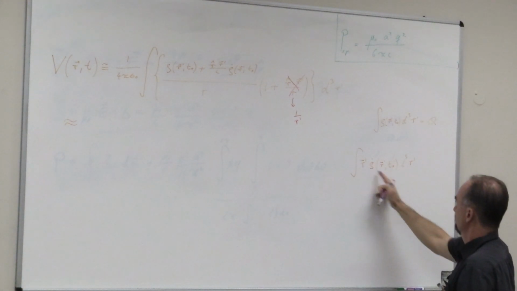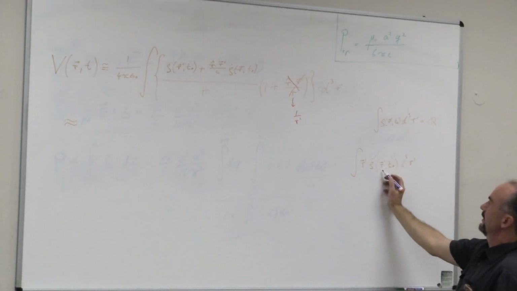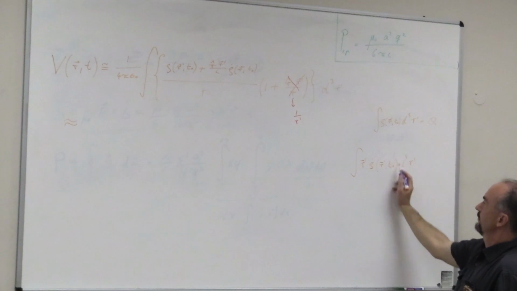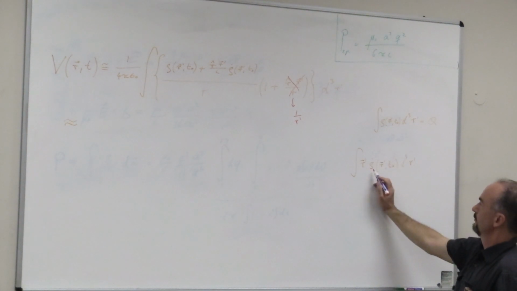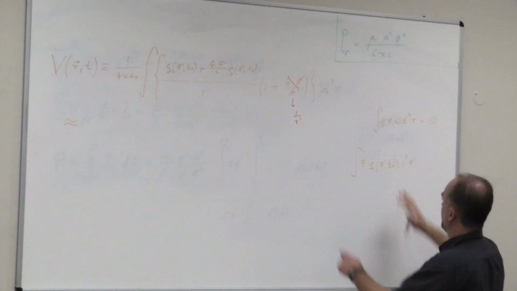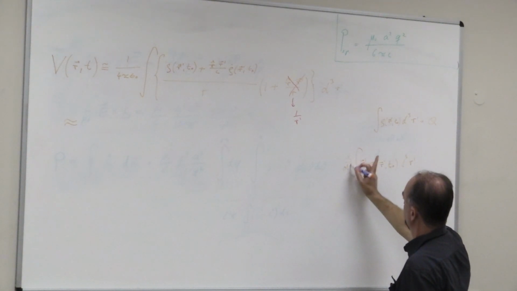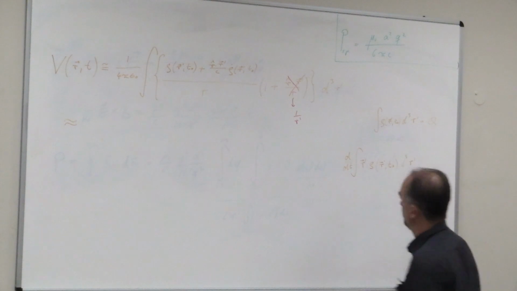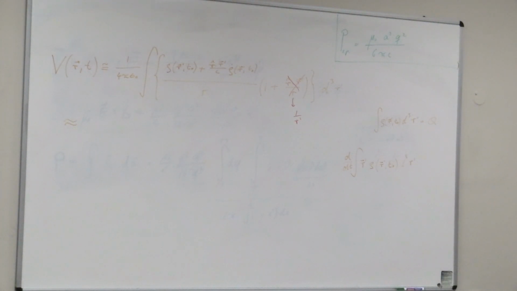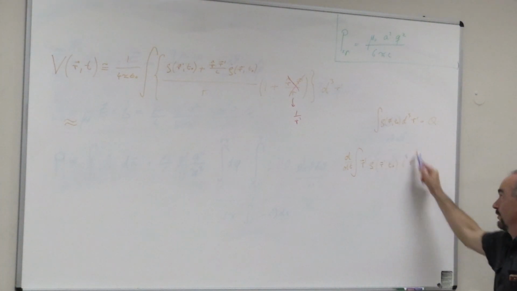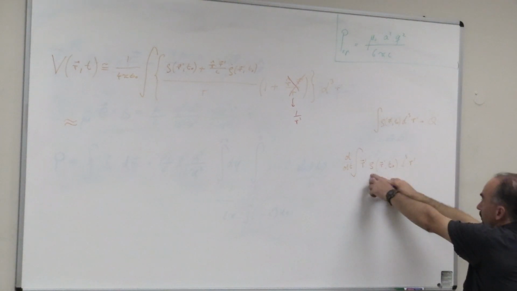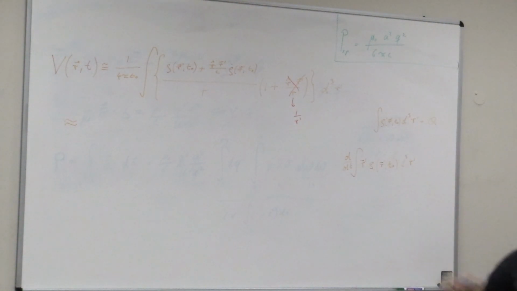But see now, the only thing that's time dependent here is of course rho. So we can just as well write the time derivative in front of the whole integral. We're integrating over all r prime, nothing depends on time, only rho. So this really is the integral of rho dot.